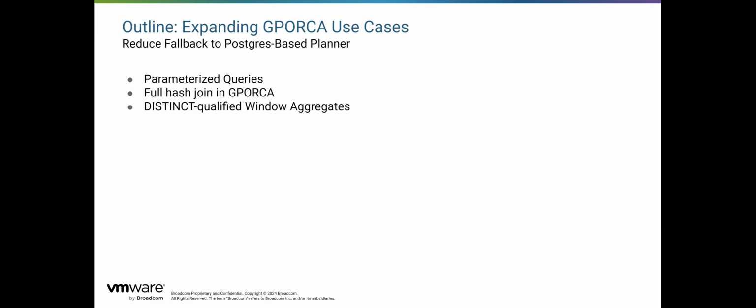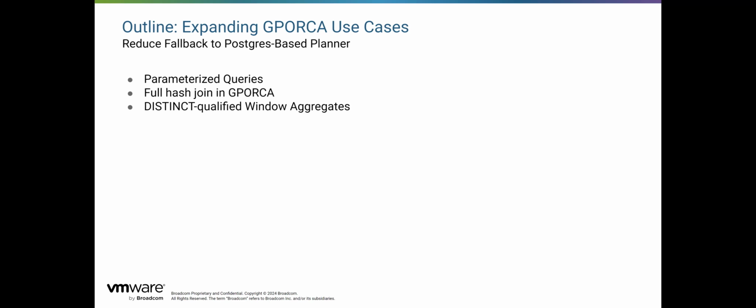So as Ivan mentioned in the first couple of slides, we released Orca in 2015, and every year we have been improving the use cases that Orca handles. What we have, a wonderful situation in Greenplum, is the next generation, the best optimizer for an MPP database, GP Orca. But whenever it's unable to generate a plan, we have an insurance plan, which is the Postgres-based optimizer.